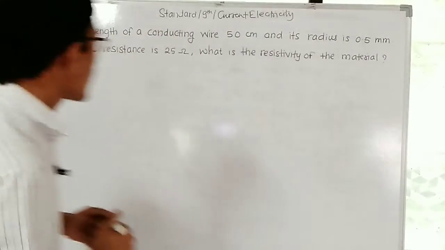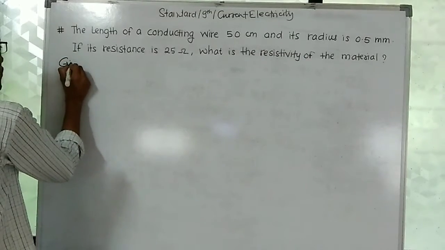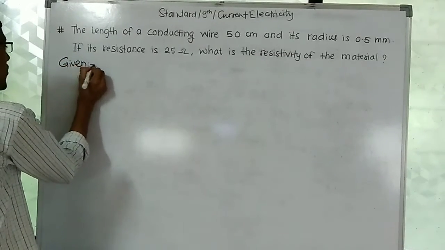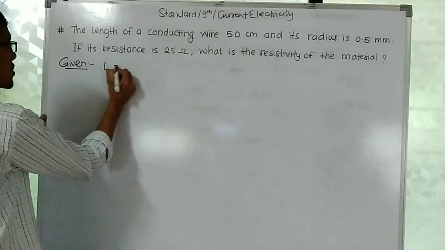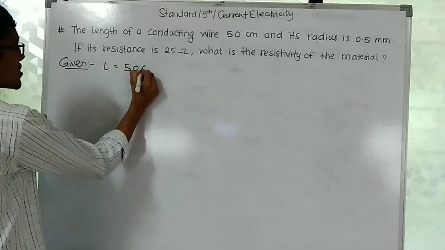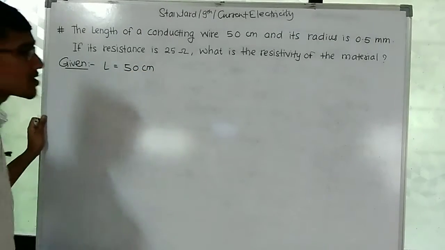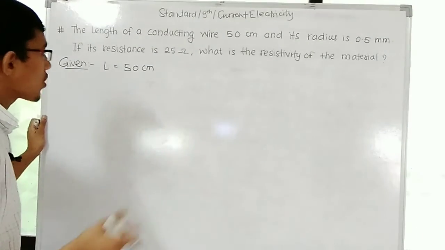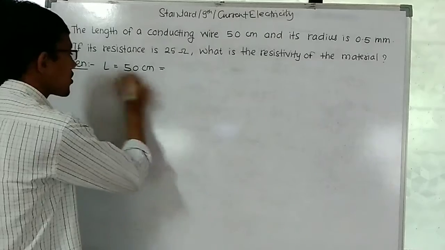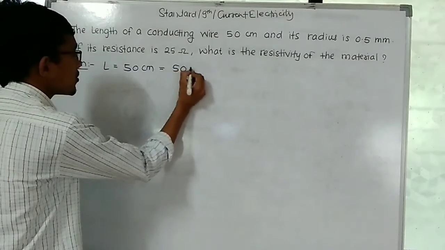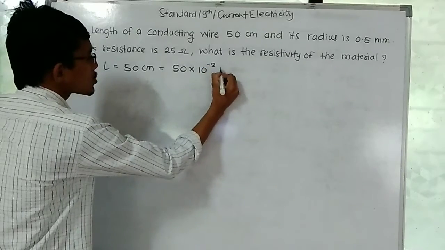So first of all, we will write down the given data. Length is given, so length is equal to 50 centimeter. Now this is given in centimeter. We want to convert the centimeter into its SI unit, that is meter. So 50 centimeter can be written as 50 into 10 raised to minus 2 meter.